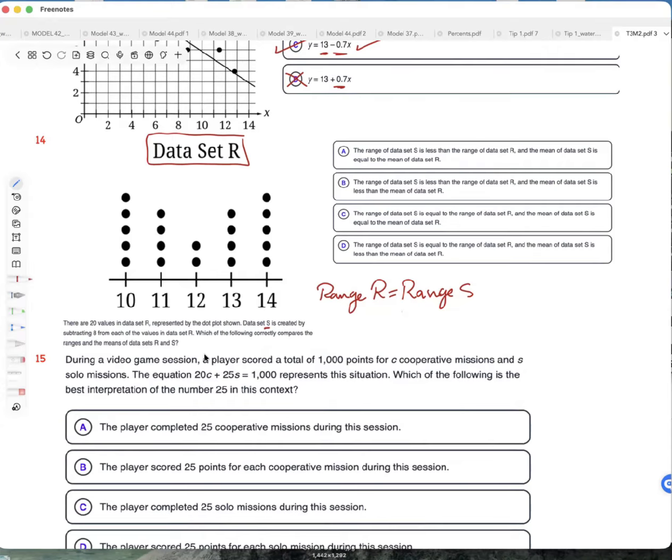So the mean of R is greater than the mean of S.